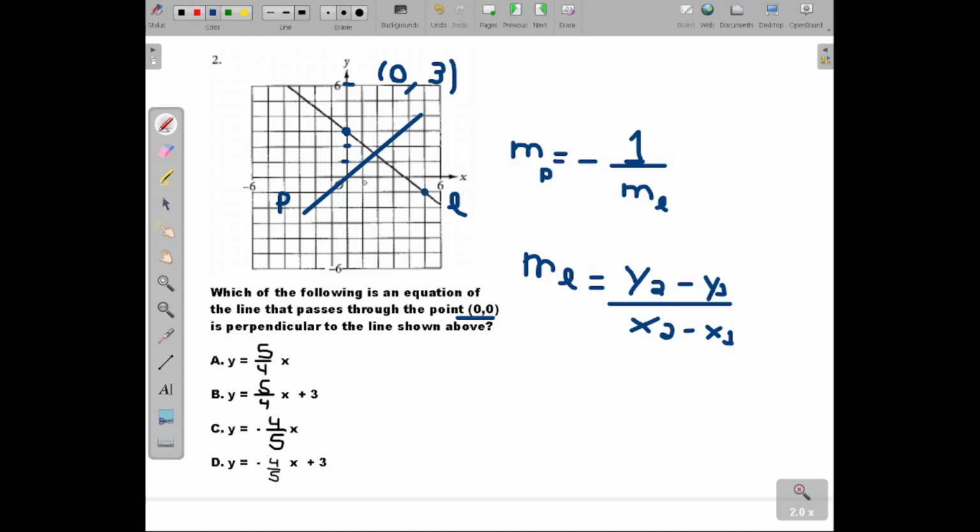Now for the other one, we have 1, 2, 3, 4, 5 for x. And for y, we have negative 1 because it's right there. So let's use this one as x sub 1, 3 equal to y sub 1, 5 will be x sub 2, and negative 1 will be y sub 2.